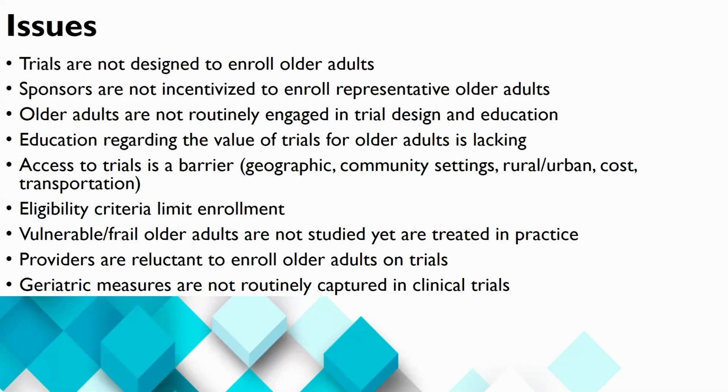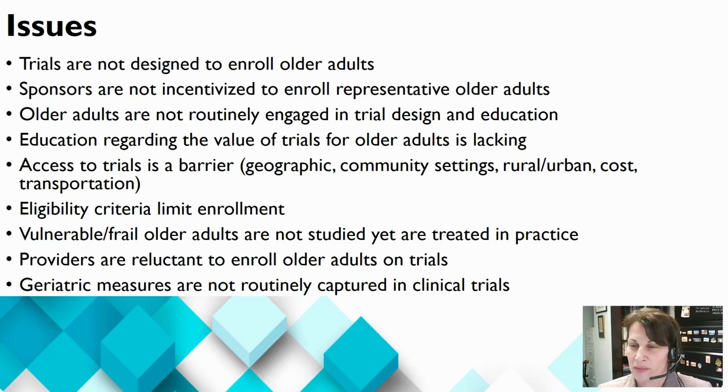We had a robust discussion about the issues related to access to trials being consistent barriers to accruing older adults. And this includes geography, community settings, availability and obstacles in both the rural and urban setting, cost, and in particular, transportation. We discussed the issue of eligibility criteria, which continue to be pervasive and limit enrollment for older adults.